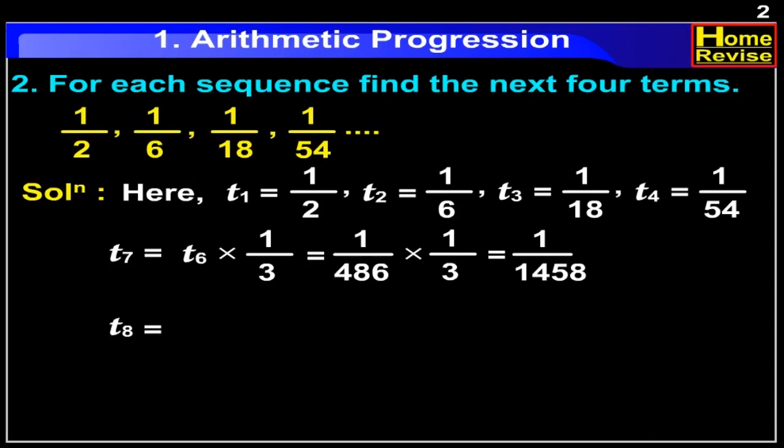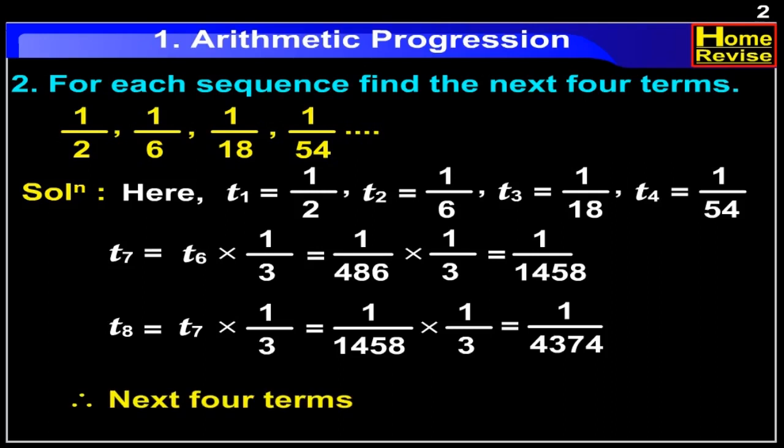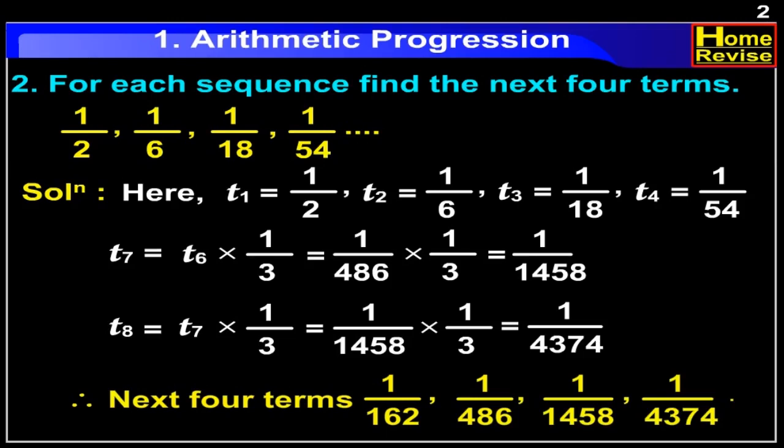And T8 is equal to T7 into 1 upon 3 is equal to 1 upon 1458 into 1 upon 3, which is equal to 1 upon 4374. Therefore, the next 4 terms are 1 upon 162, 1 upon 486, 1 upon 1458 and 1 upon 4374.